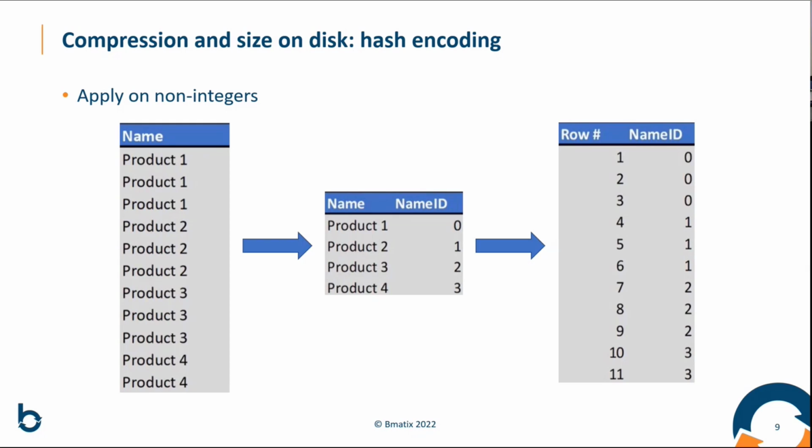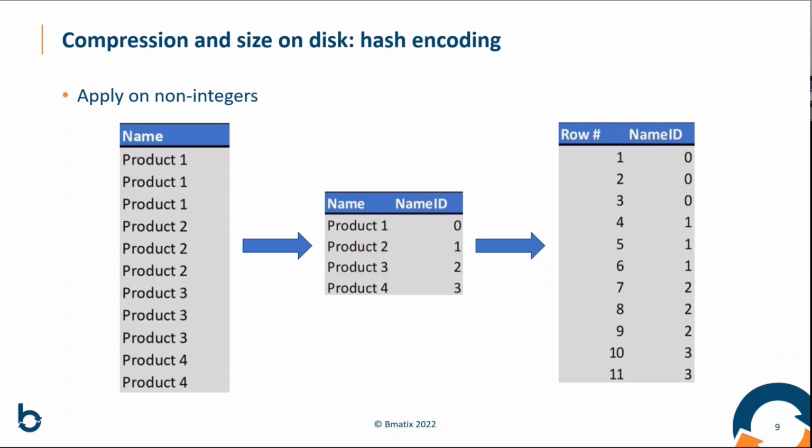And on disk, it's going to store it using the row number and the ID that can be looked up in the hash dictionary that's stored along with it. So the end result is we move from the first column here on the left on the slide, and we store on disk the encoding dictionary and the result set with the row number and just the ID.